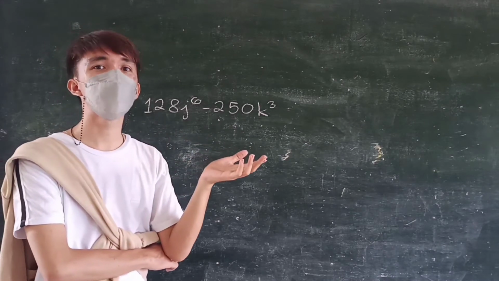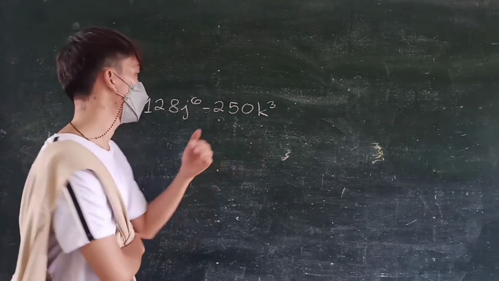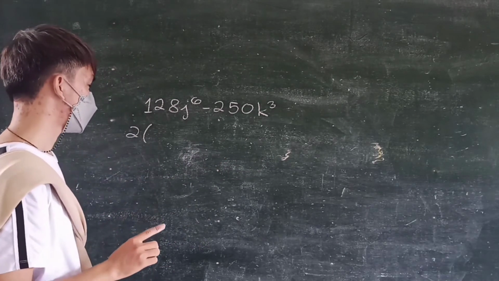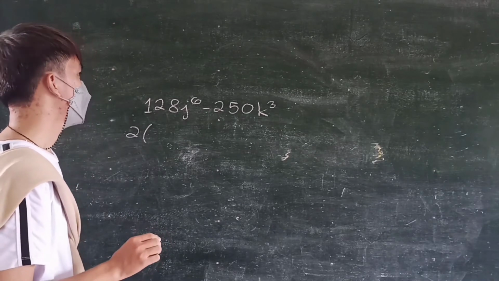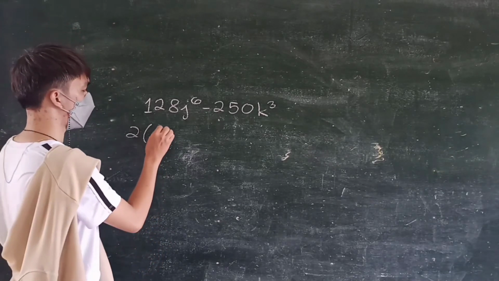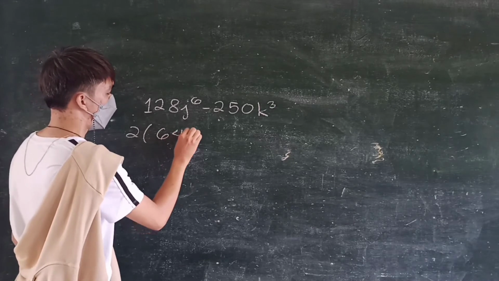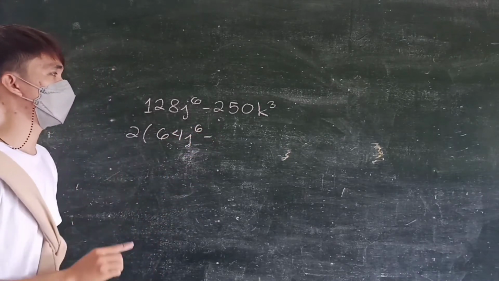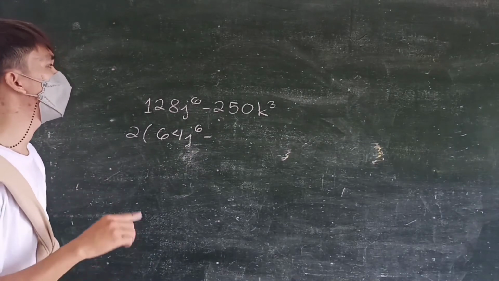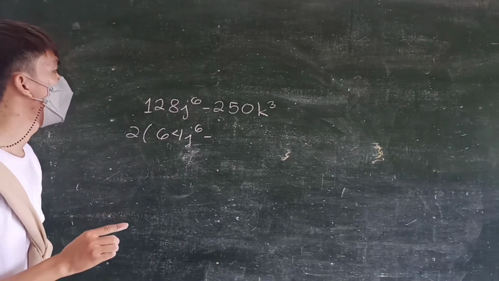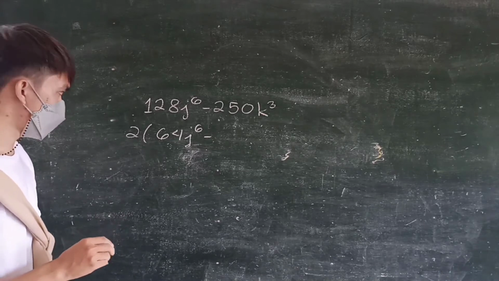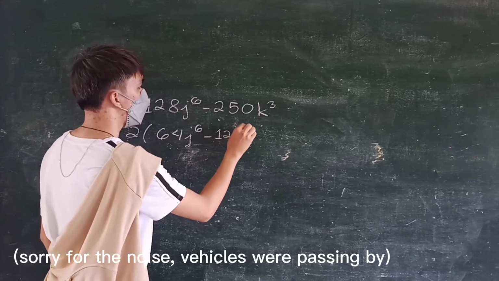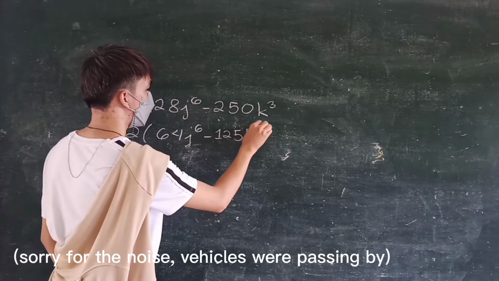Let's factor out the greatest common factor, 2. 128j to the power of 6 divided by 2 is equal to 64j to the power of 6 minus 250k to the power of 3 divided by 2 is 125k cubed.